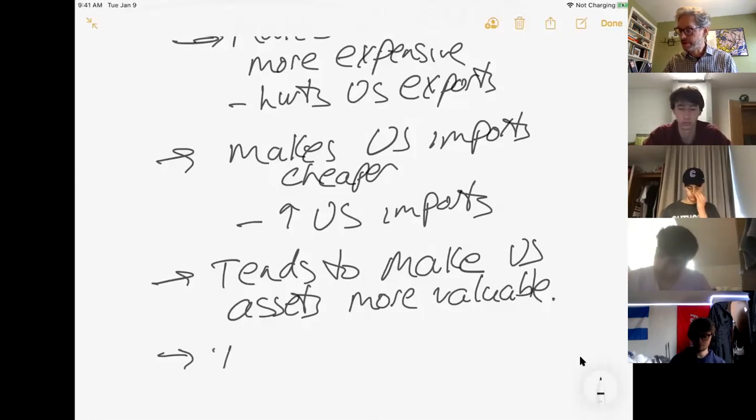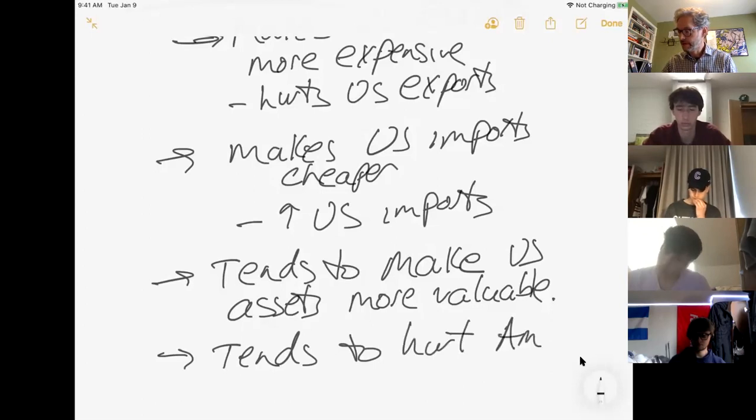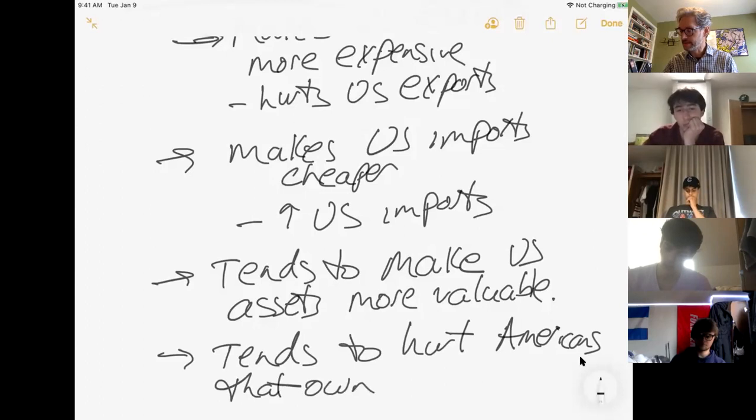But then it tends to hurt Americans that own foreign assets.